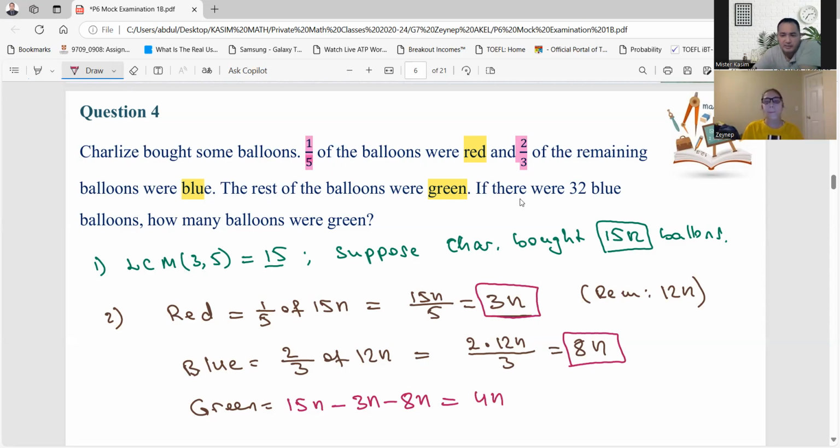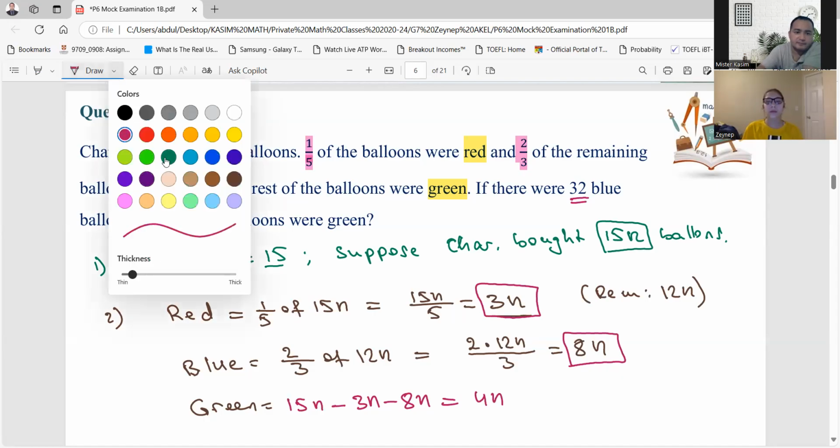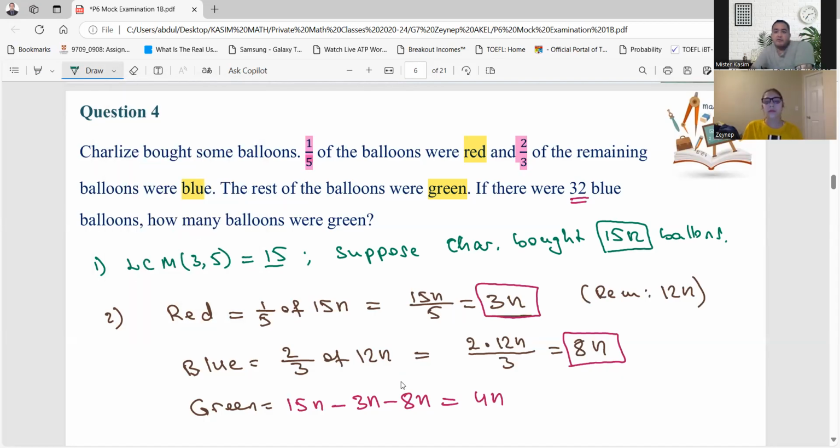But in the question it says that if there were 32 blue balloons. Where is blue? Blue is here, right? So this 8N is equal to 32. From this equation, I can find N. N is equal to 32 divided by 8, that's equal to 4, right?